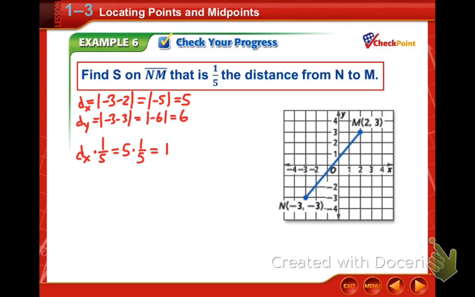That's the x distance for S, so this is our Sx. The y value for S is dy times 1/5, which is 6 times 1/5, or 6 over 5, also known as 1.2.